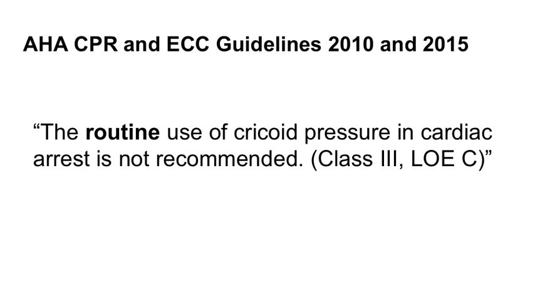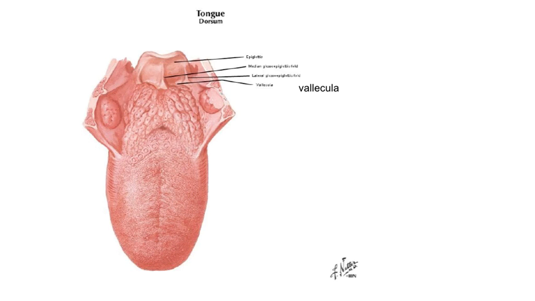Therefore, the routine use of cricoid pressure in cardiac arrest is not recommended. It's not to say that it's an absolute contraindication, but the routine use is not recommended. The class recommendation is Class C, which means that the risk is more compared to the benefits. The level of evidence is C, which means it's mainly based on expert opinions.